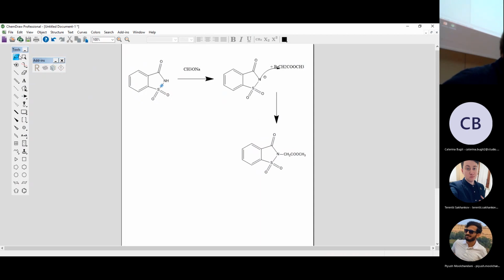We are in a very, very basic condition. You can see this proton, one of these two protons. Once again, we have one acidic proton in this position. Why?